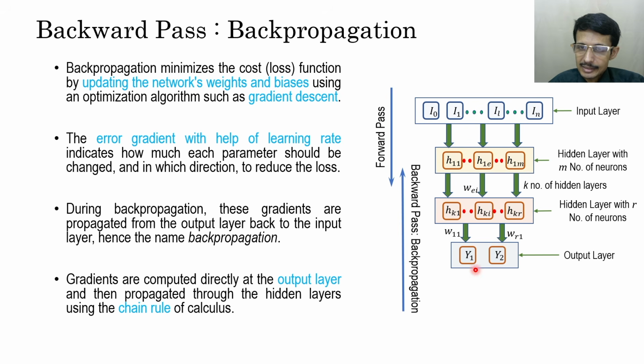So the error gradient is computed here, and then propagated through the hidden layers, towards the input layer, using the chain rule of calculus. We'll see in subsequent slides how the chain rule is used to find the error gradient at different hidden layers, so that weights and biases can be modified accordingly.